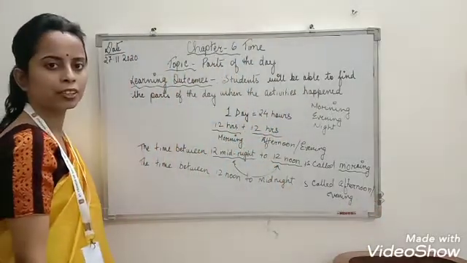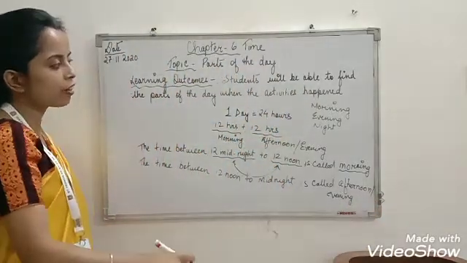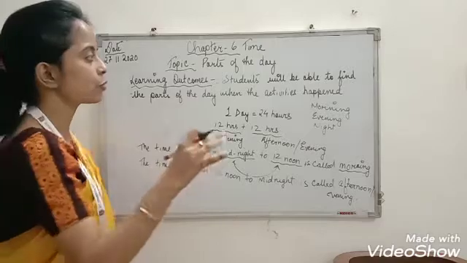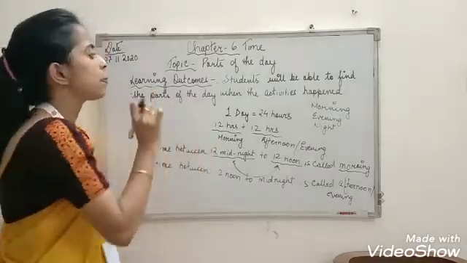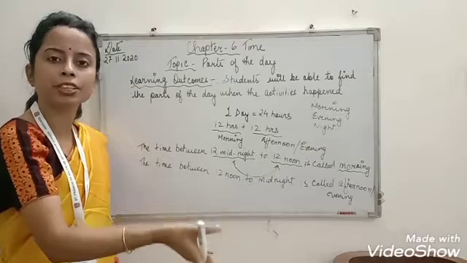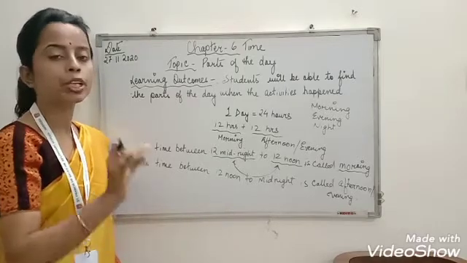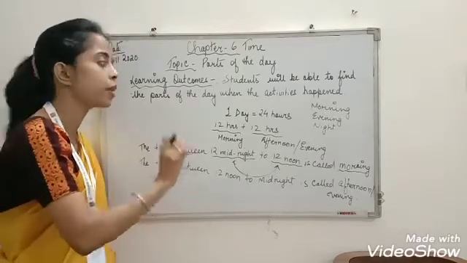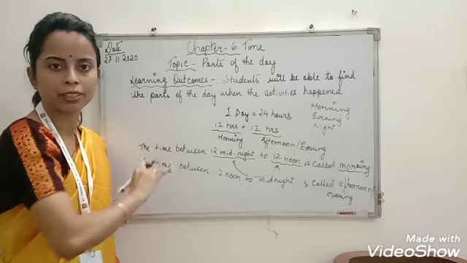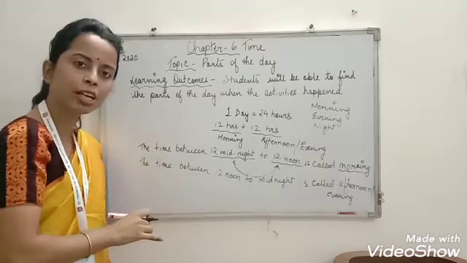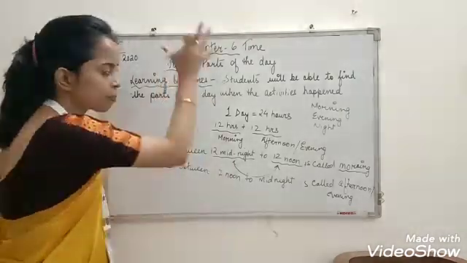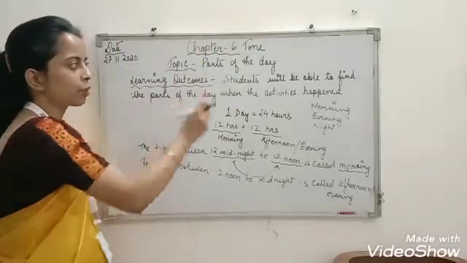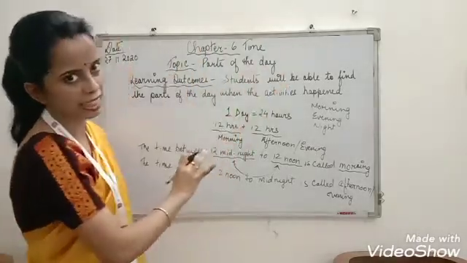Now, in today's class, what are we going to learn? We are going to find the parts of the day when the activities happen. I will take some activities, and we are going to find the parts of the day.